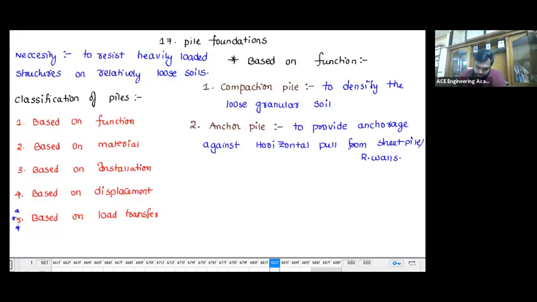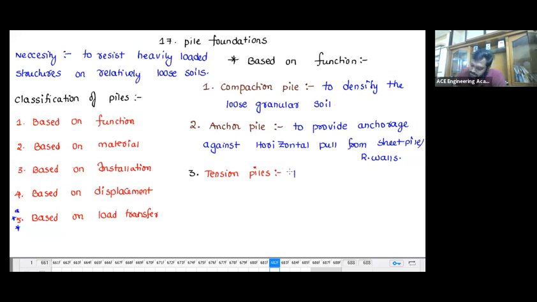And next, third one, uplift or tension piles. Third one, tension piles. So what is meant by these tension piles?